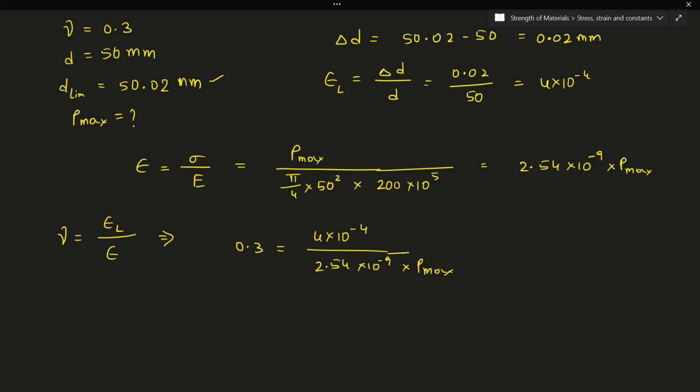In this equation the only unknown is P max. If I simplify this, P max would be equal to 5.25 into 10 to the power of 5, which is nothing but 525 kilonewton. So this would be the maximum compressive load that this can take.